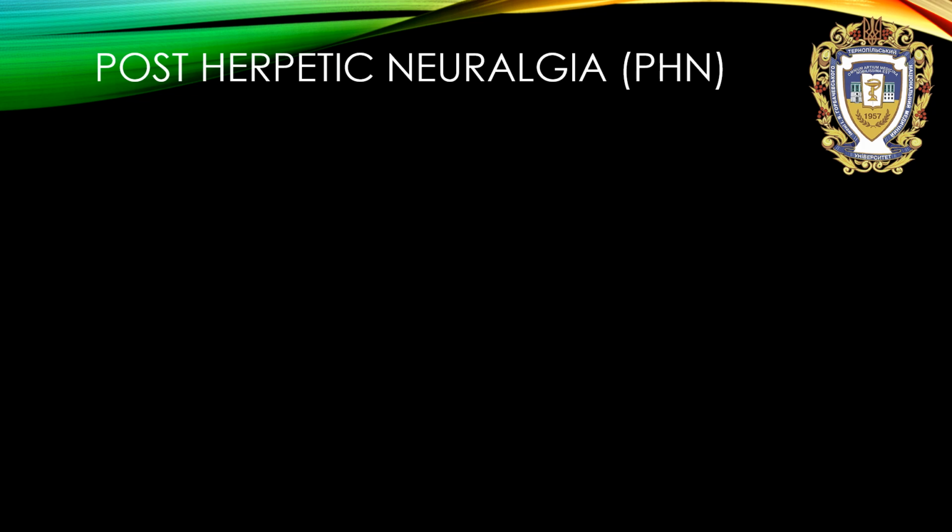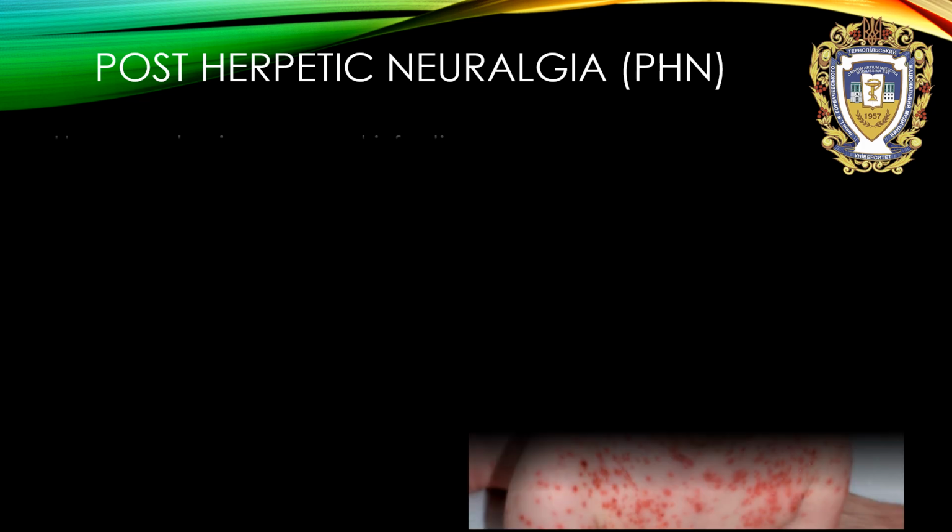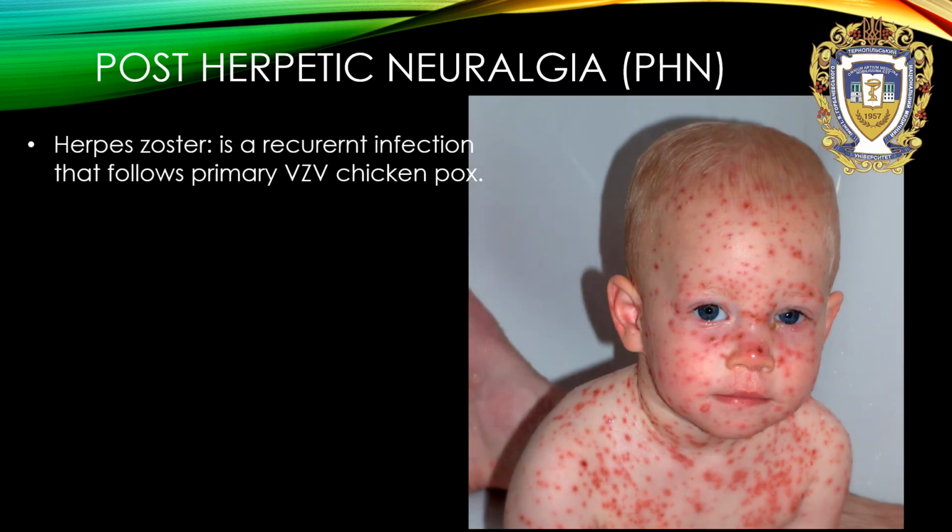So a big group of facial neuralgias is postherpetic neuralgia. You know that herpes is caused by herpes zoster. Herpes zoster is a recurrent infection that follows the primary virus zoster, chicken pox.